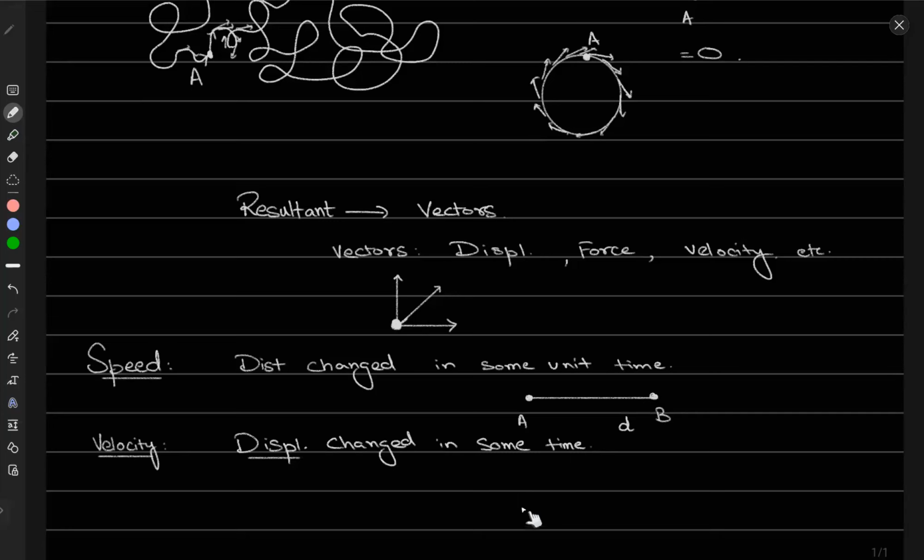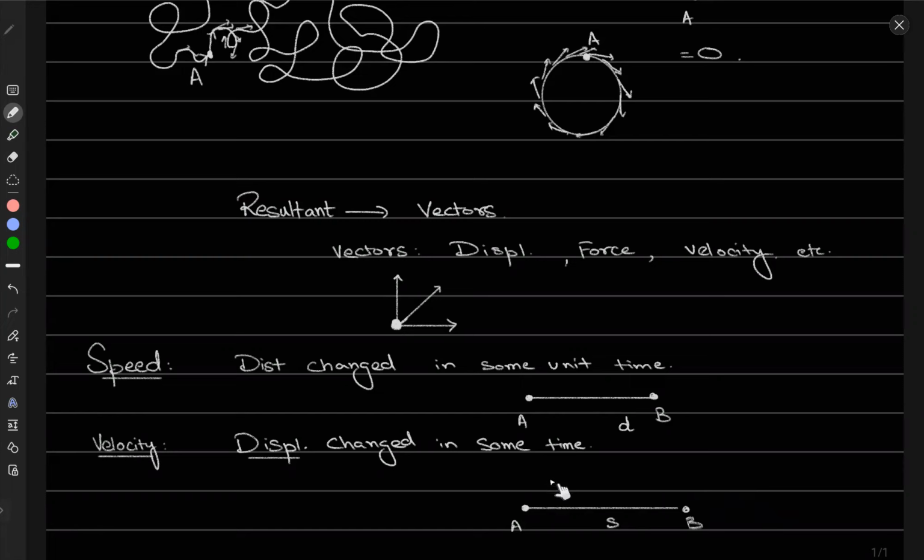So now if I have the same thing, A and B, and the displacement between these two is this line, let's call it small s, meaning displacement. Now it matters if my B is moving to the right, then the distance will increase. And if my B moves to the left, then distance decreases.